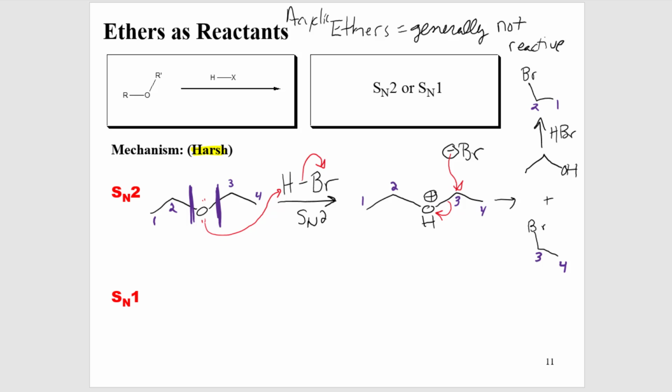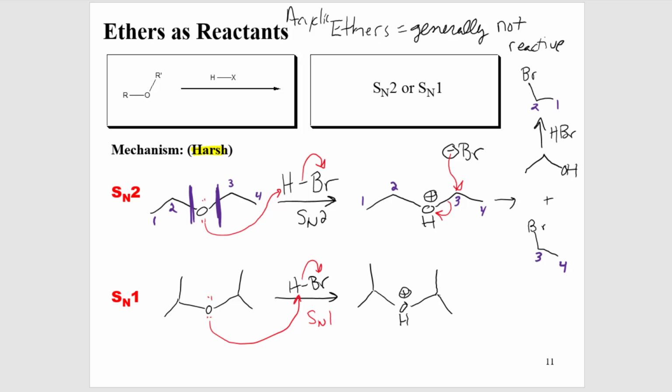And again, if you had a more substituted system, you would probably employ more SN1 type conditions, which you always have to be wary of because you have to be aware that it's always in competition with E1.